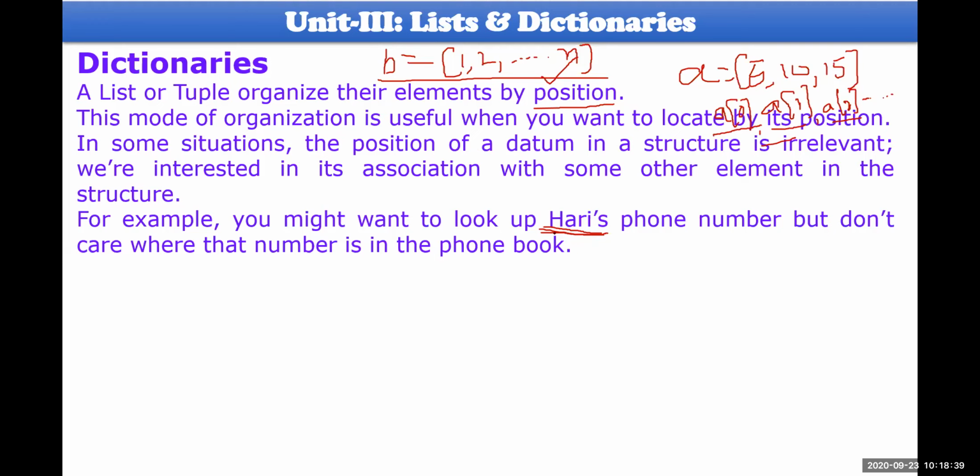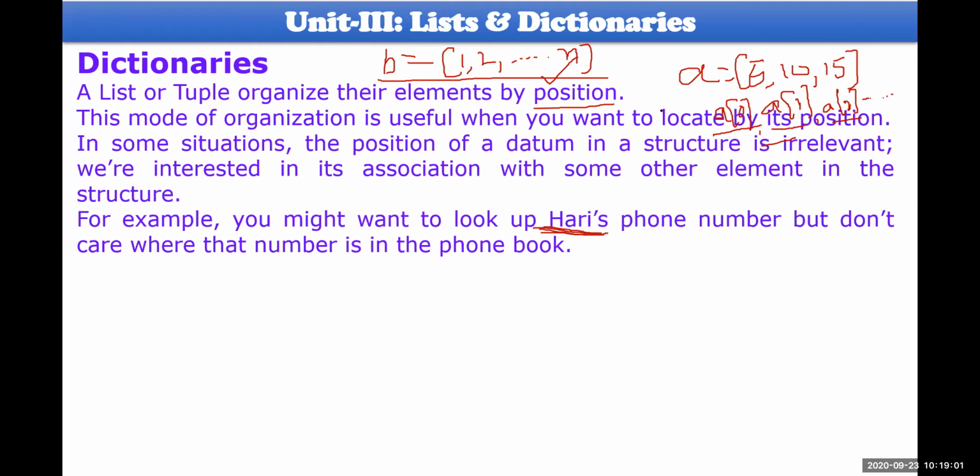You directly go to H. In H there is an index, that index will be H. Under H, you may identify Hari, and therefore you get the complete information regarding Hari here. We are not supposed to take care about that particular position.